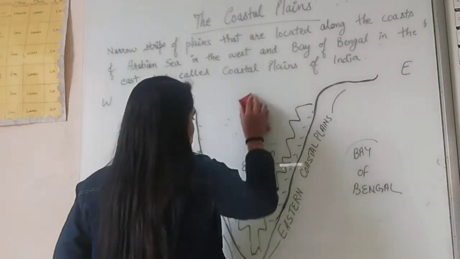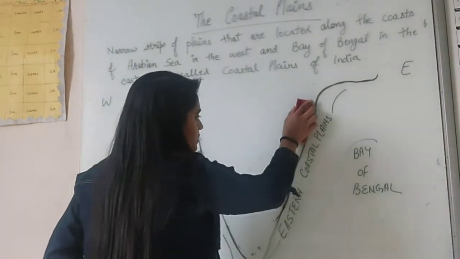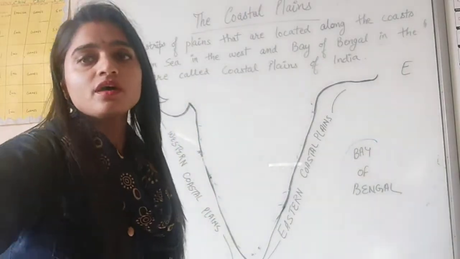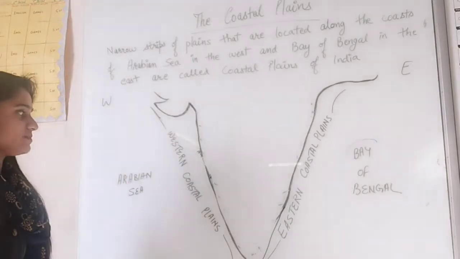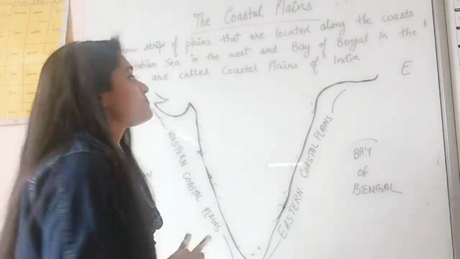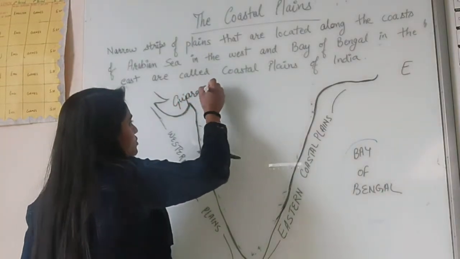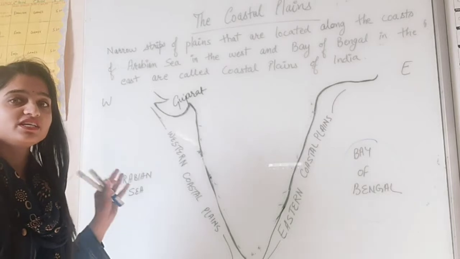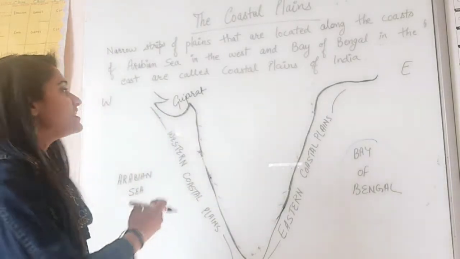Moving on to the further topic, let us talk about the states that lie on the western coastal plains. Which are those states? The first one is Gujarat.